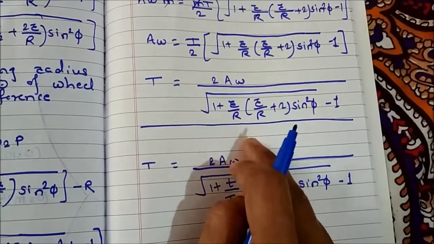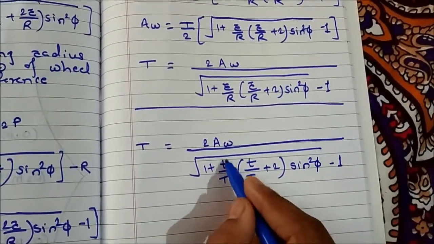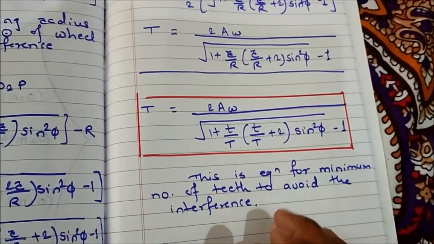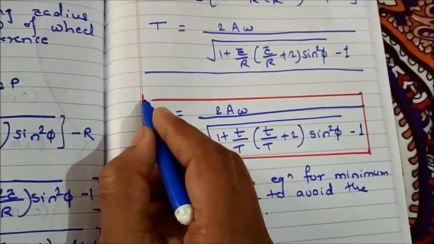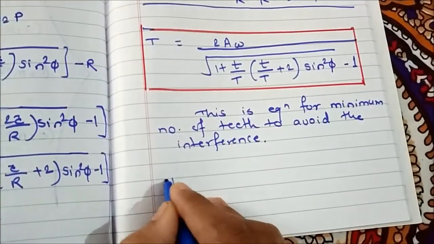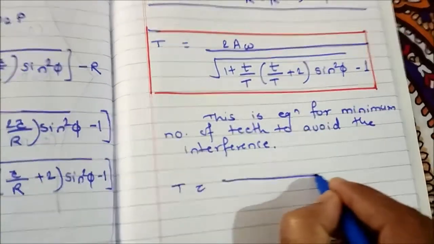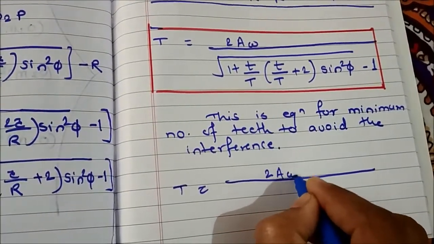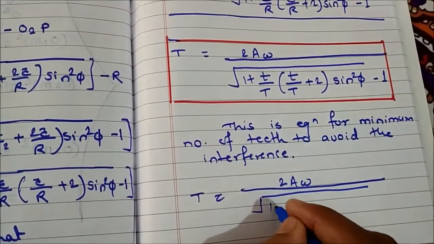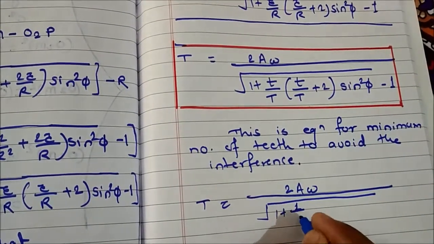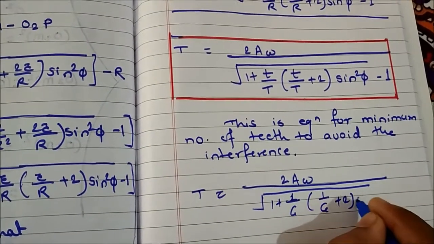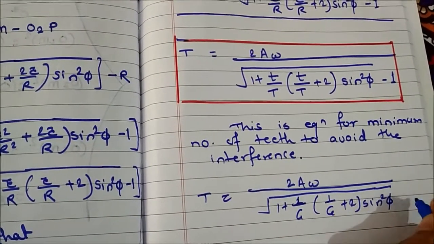Similarly, mt by 2, m and 2 get cancelled, so what remains is small t upon capital T. Now see, this is the equation for minimum number of teeth to avoid the interference of wheel. So instead of the T upon T ratio we can put the symbol of gear ratio. So it is 2AW under root of, now what is t upon T? It is the gear ratio, but it is the inverse of gear ratio, so we will put 1 upon G plus 2 sine square phi, minus 1.